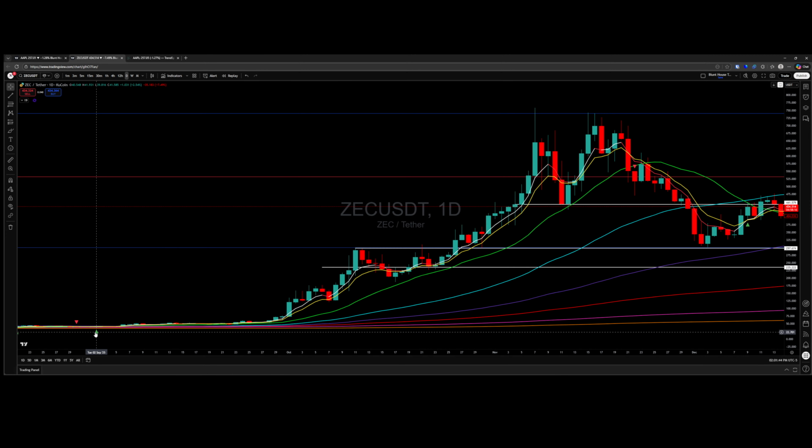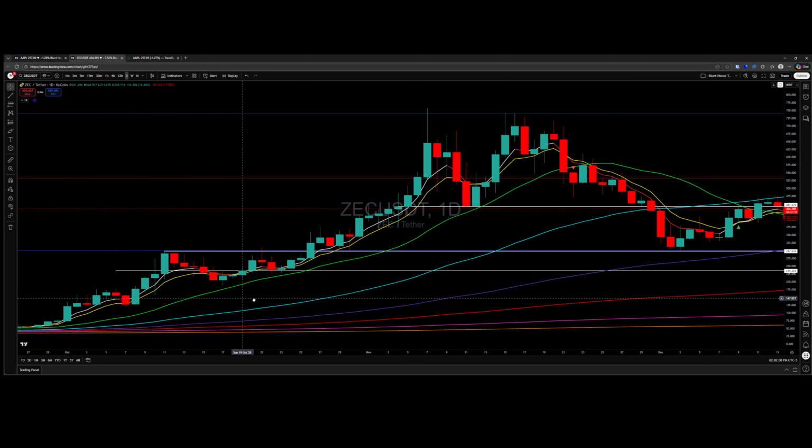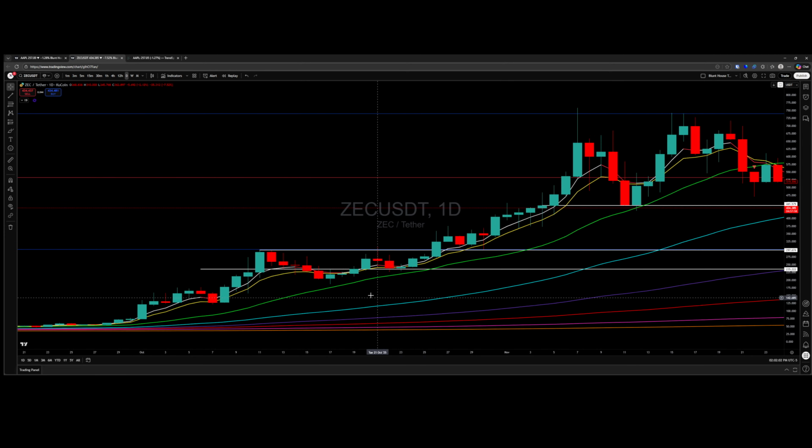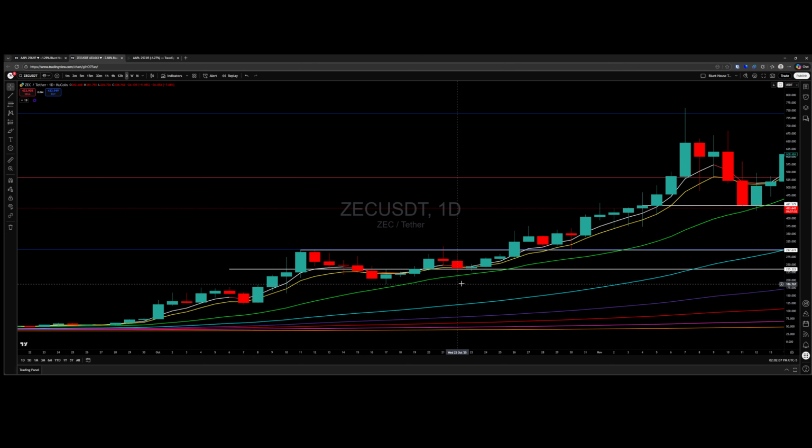Can you imagine going back into September of 25, catching a buy signal, and day after day after day, price is going nowhere, but that signal's not changing? Does it tell us anything? It tells us that people are accumulating quietly, but not quite quietly enough to hide the buy signal.